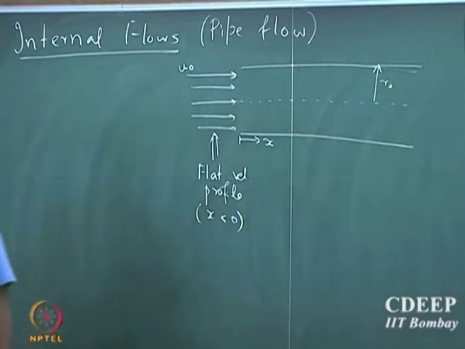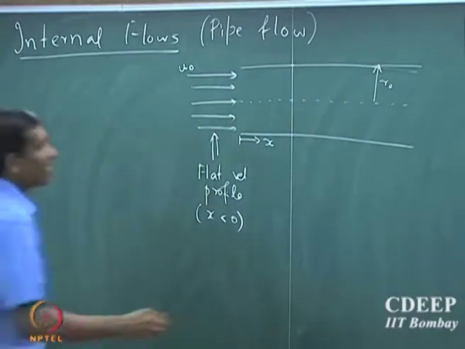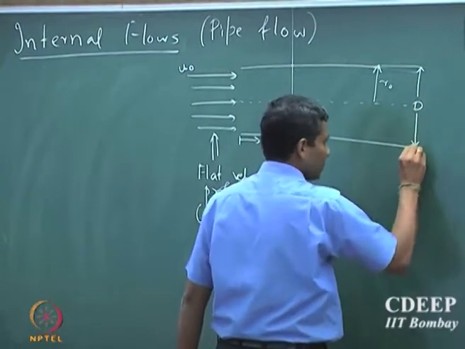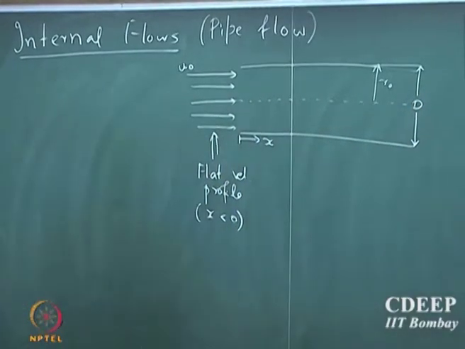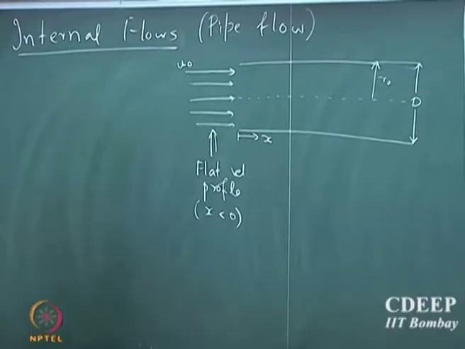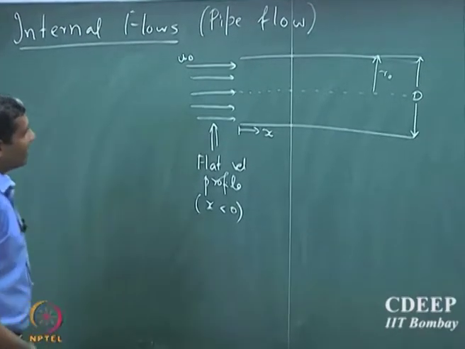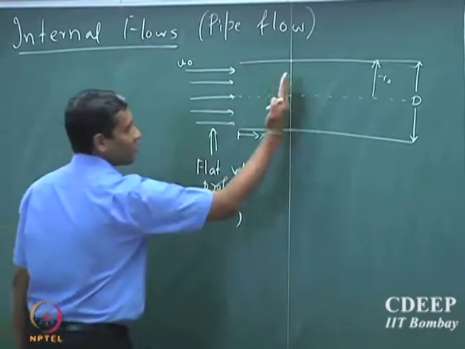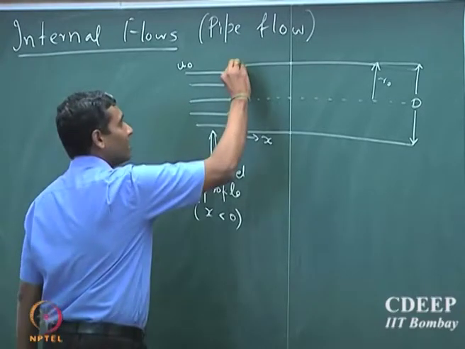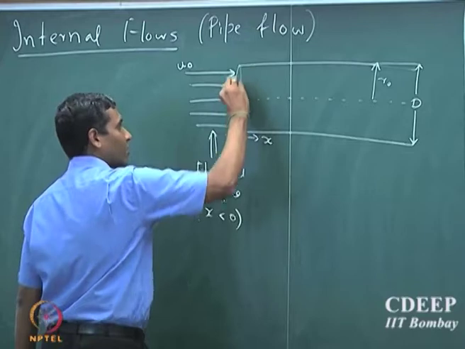the radius of the tube is r naught and the diameter of the tube is d. So now suppose the fluid flows into the tube. Similar to the flat plate, note that it is a circular tube, so it is a circular cross section.